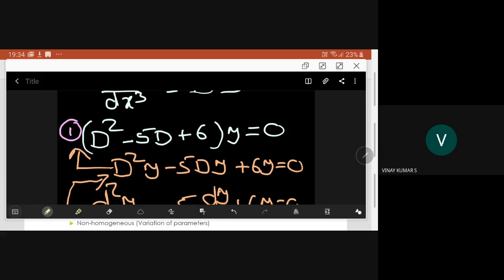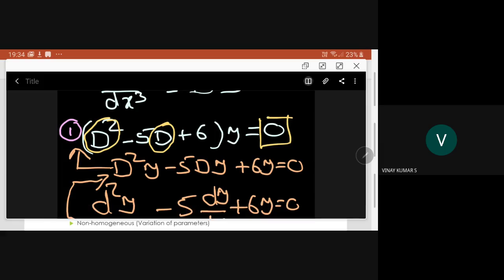See the coefficient of D square and the coefficient of D. The coefficient of D square is 1 here, the coefficient of D is 5 here, and 6 is a constant. So this is called a linear equation with constant coefficients, and on the right hand side it is 0. So it is called a homogeneous linear second order ODE with constant coefficients.